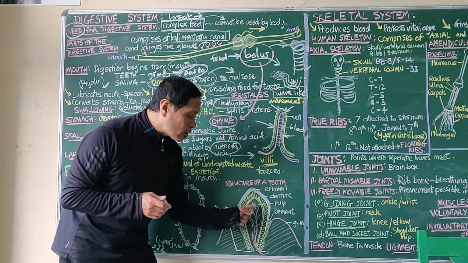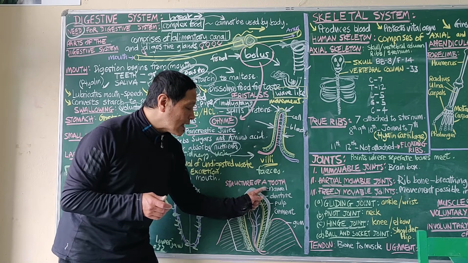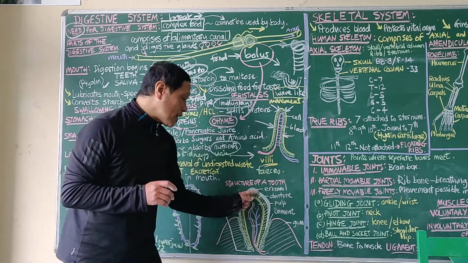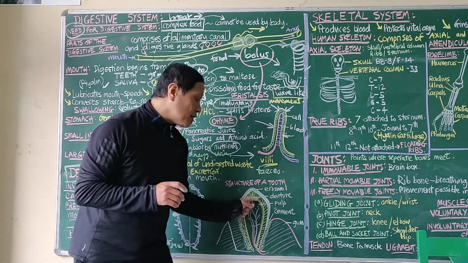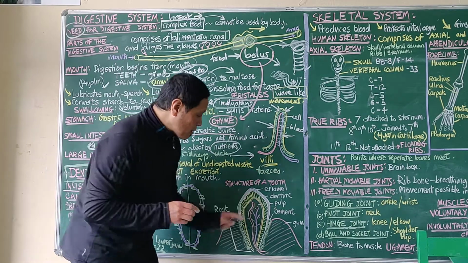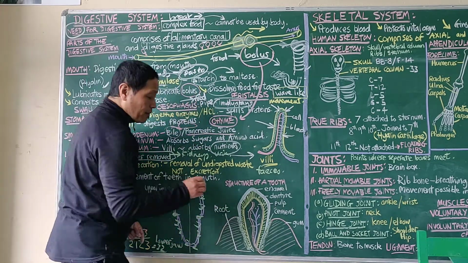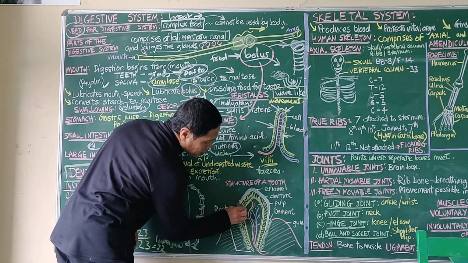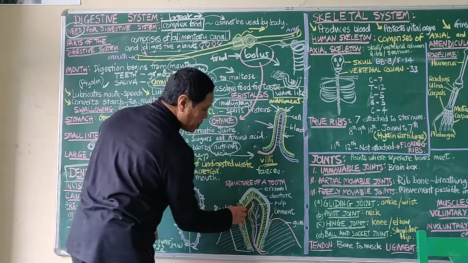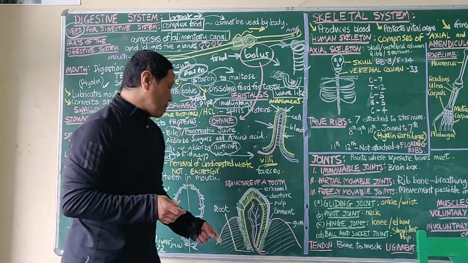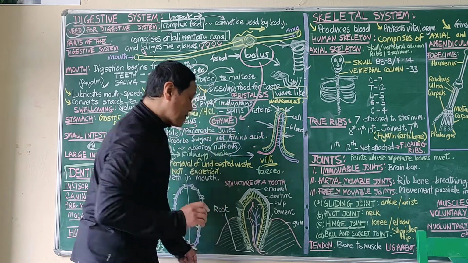So this is the part that causes pain. Enamel and dentine have nothing to do with pain because they do not have any nerve endings. But when tooth decay occurs, once it reaches the pulp, then you begin to sense that pain or toothache.